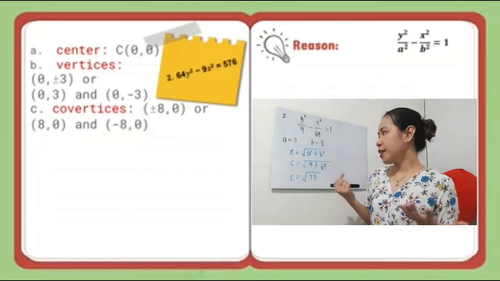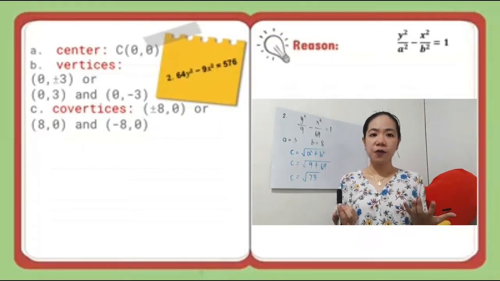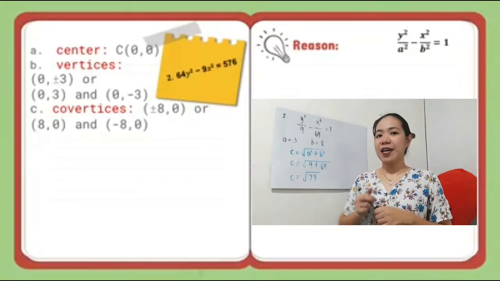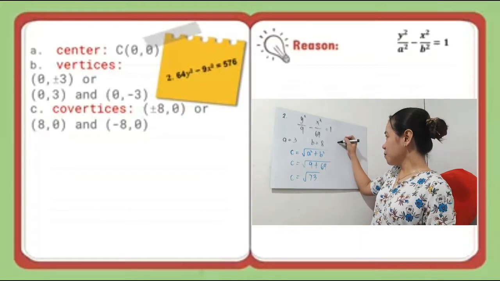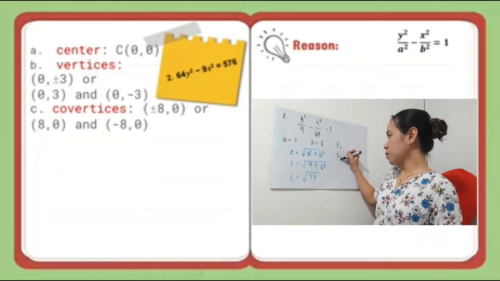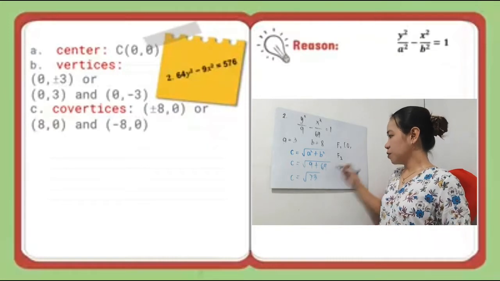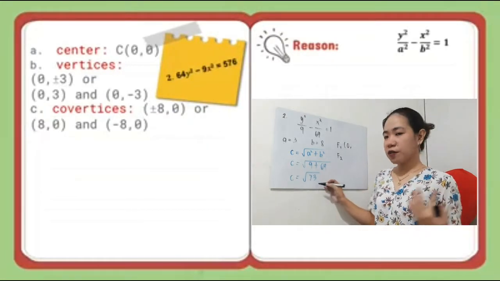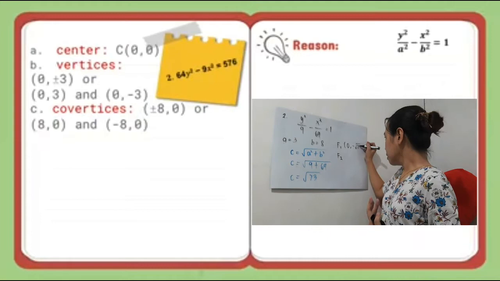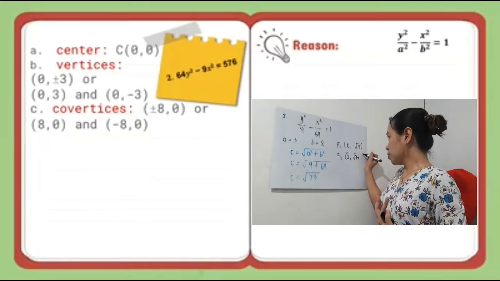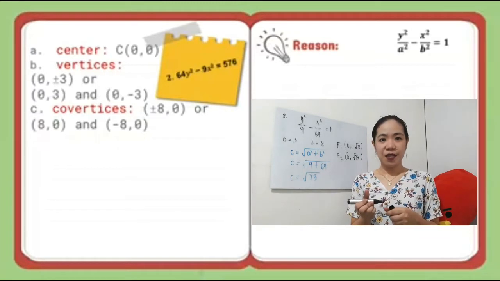Again, the foci and the vertices are collinear. The vertices are on the y-axis, so we have the foci f sub 1 and f sub 2 on the y-axis as well. This is (0, negative square root of 73) and the other one is (0, positive square root of 73).